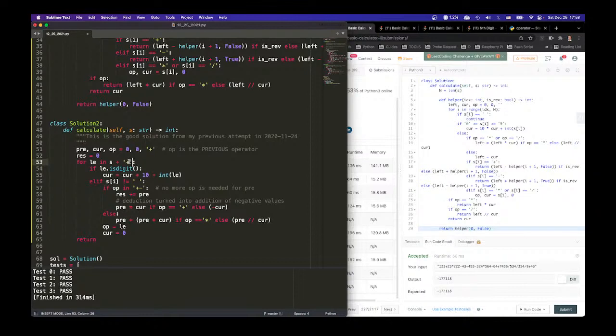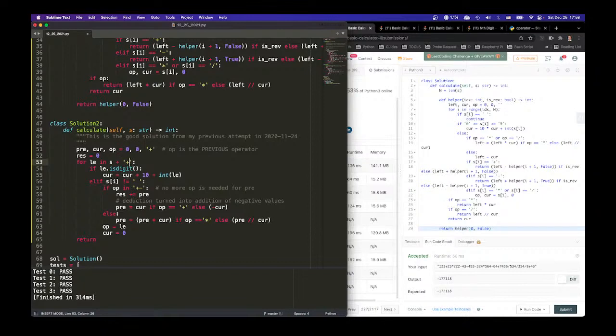Current becomes 0. Maybe we should do this, plus 0. So at the end, we got a plus sign.